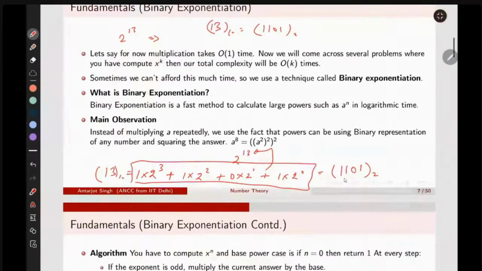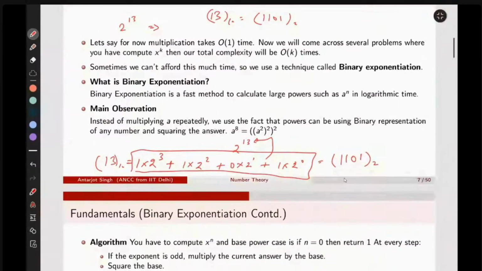By doing that, what is beneficial? You get to see the pattern. 2 to the power 3 plus... If we write this, what exactly comes into our brain?